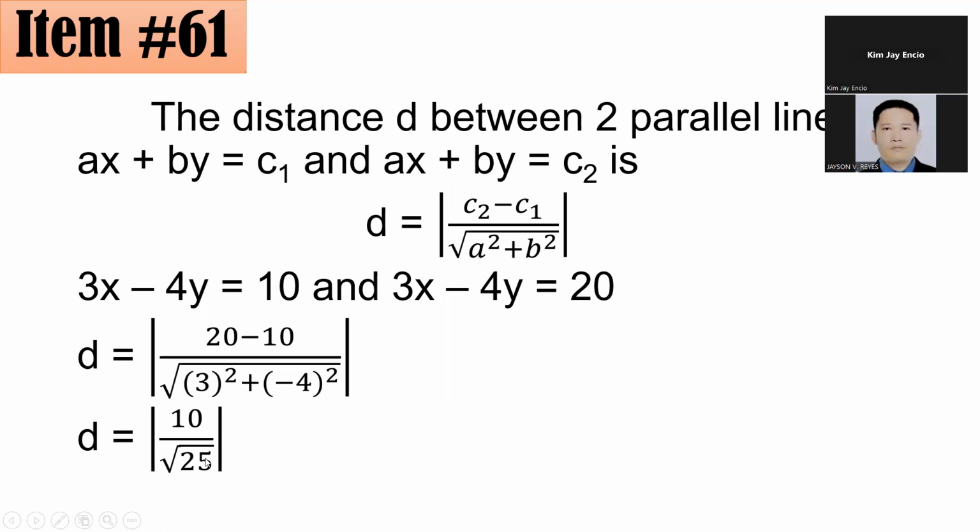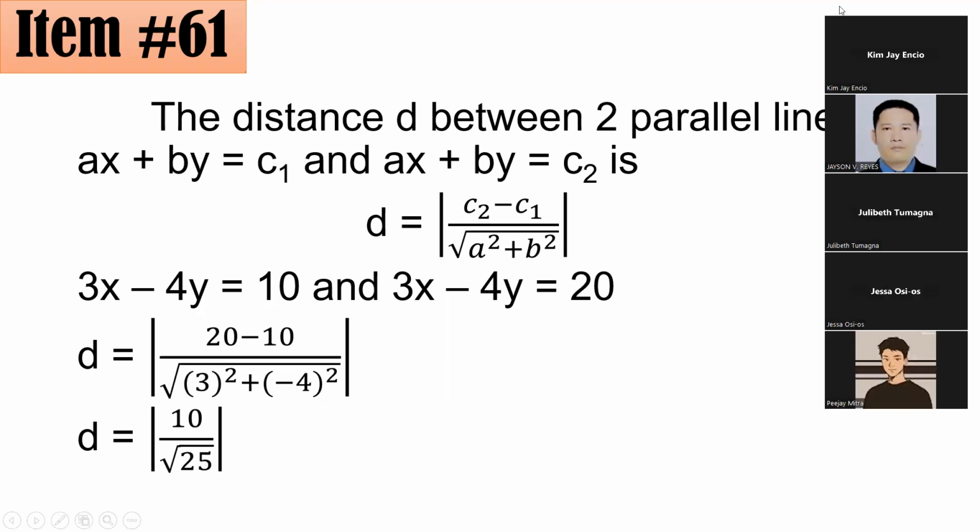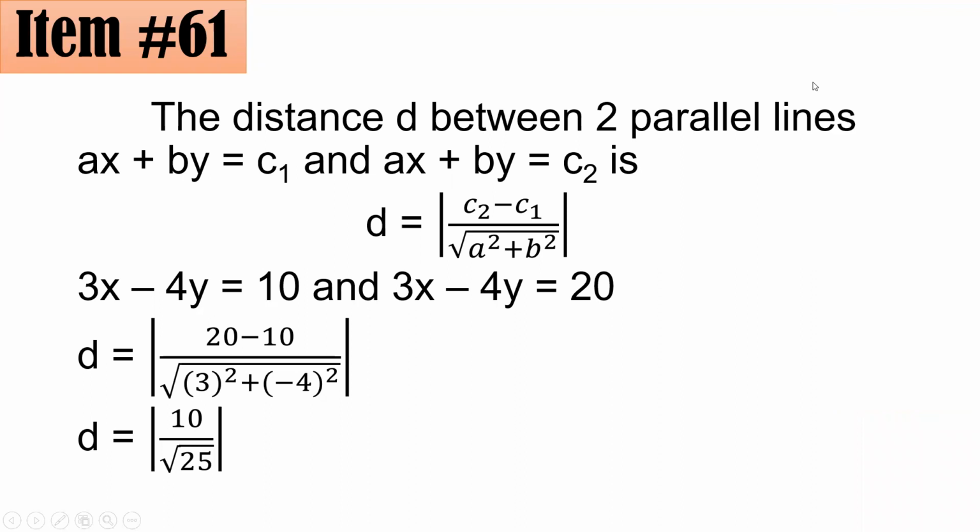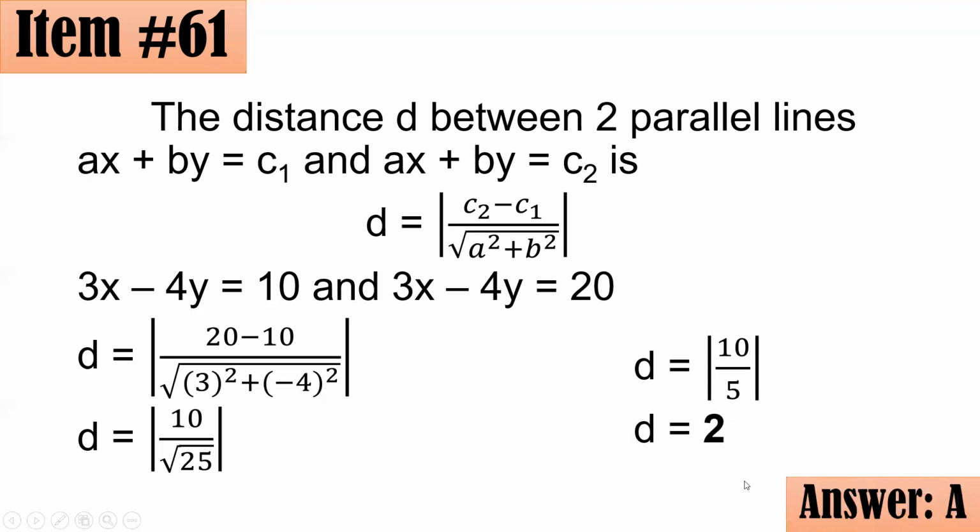Take note po, the common error is that kapag sinesquare po nila yung negative, negative din po yung sagot. If you square a positive or negative real number, the answer is always positive. So we have the square root of 25 is 5, and the absolute value of 10 over 5 is 2, letter A. So to everyone who commented A, great job po.